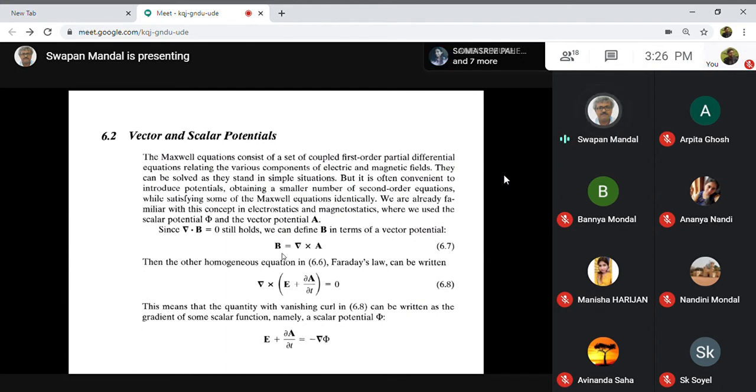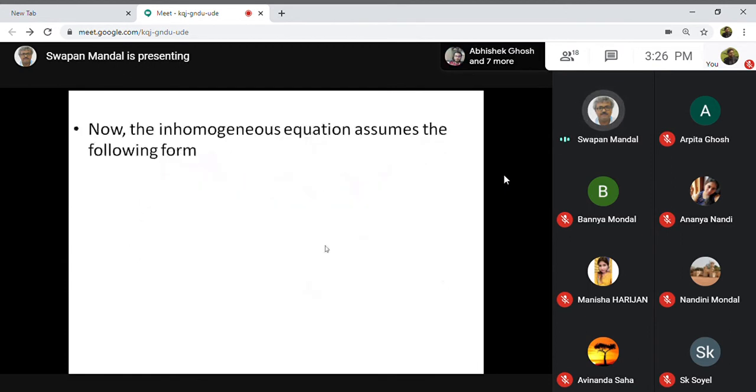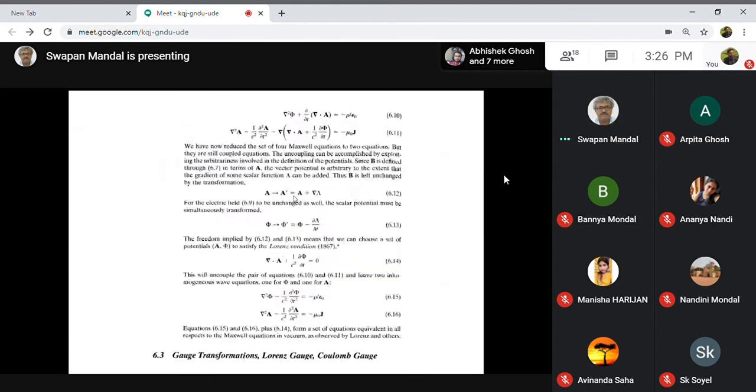So B field remains invariant if I add some gradient of scalar function to vector potential A. That is exactly what we do in vector algebra. Now we have changed the vector potential A to a new vector potential A prime equal to A plus gradient of lambda. In that case, B remains unchanged.